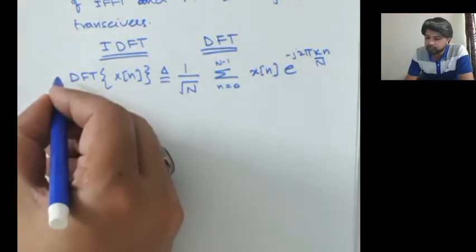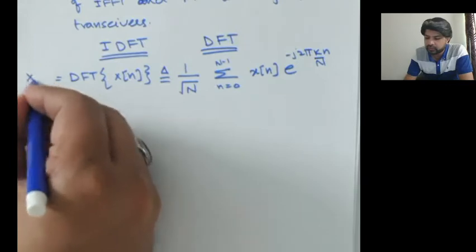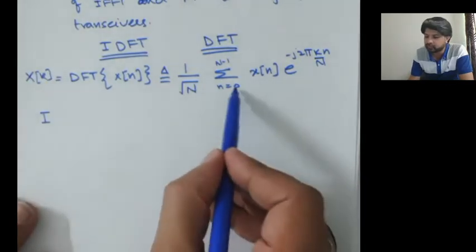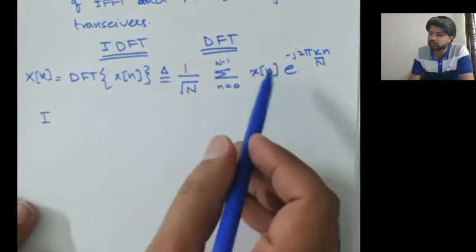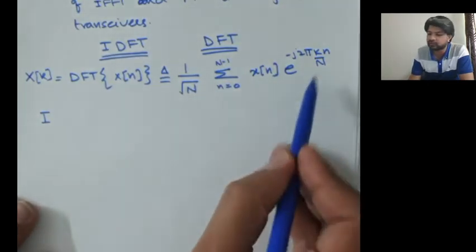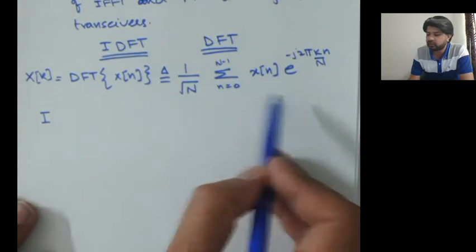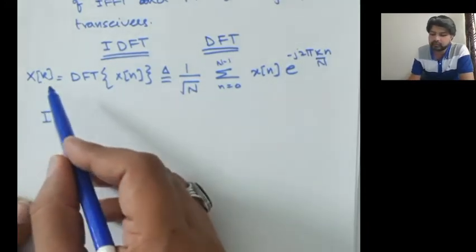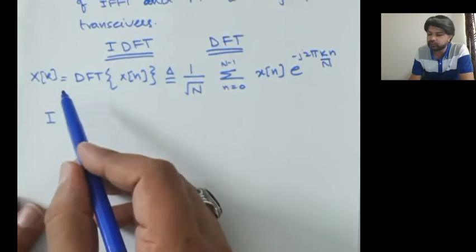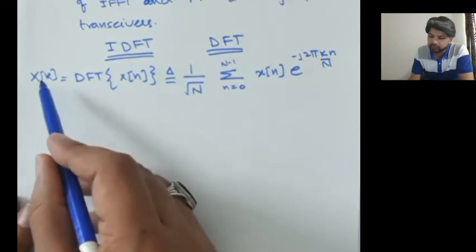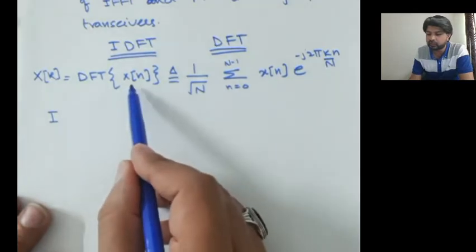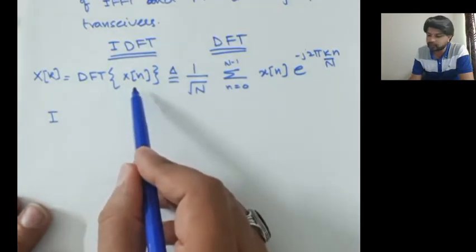By the way, this would be capital X of k. So this would be a function of k, because n is consumed in this summation. So this is capital X of k, which you can call the discrete frequency components corresponding to this time domain function x of n.